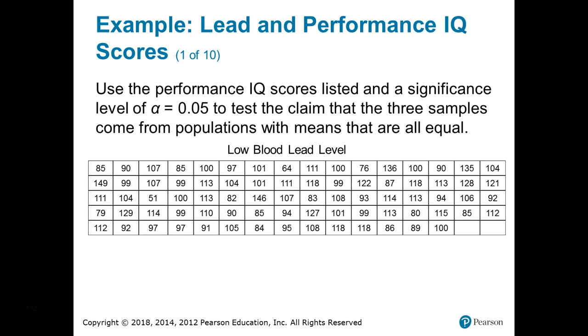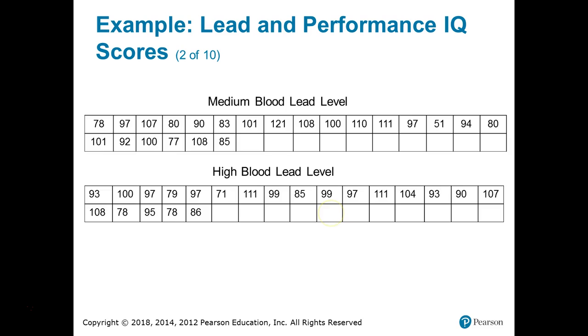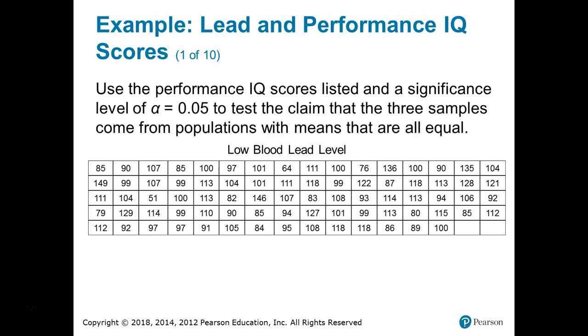So we're going to do that by doing a one-way analysis of variance. We are going to have a significance level of alpha equals 0.05 to test the claim that the three samples come from populations with means that are all equal. So basically, if they're all equal between these three groups, then blood lead level has no impact on performance IQ.